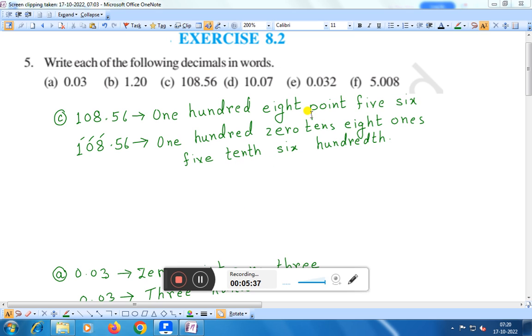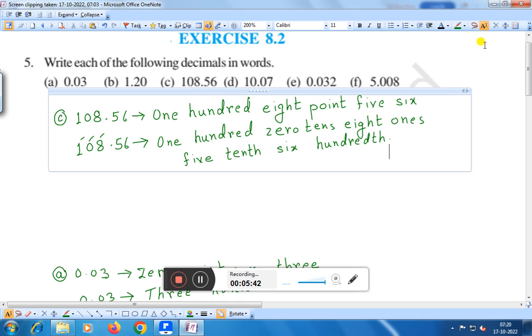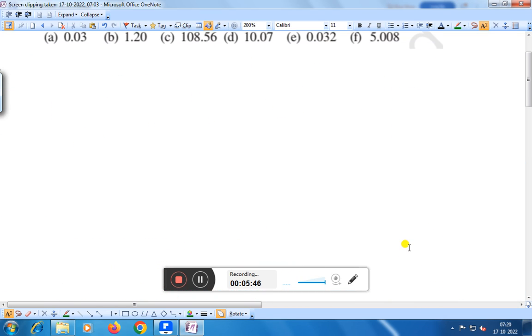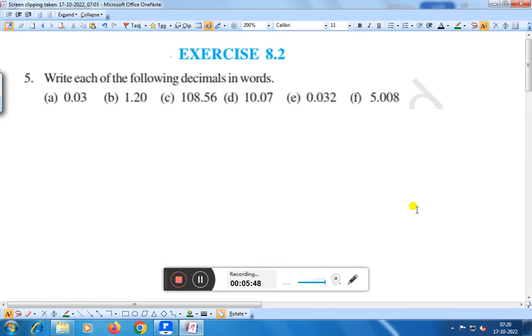Now we'll solve question number D. Question number D is 10.07.